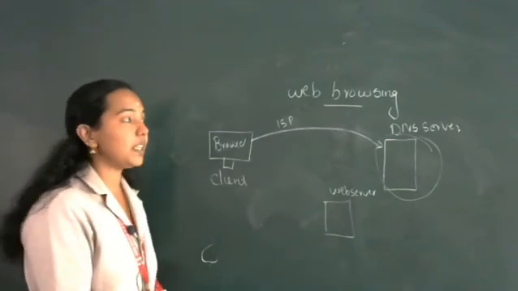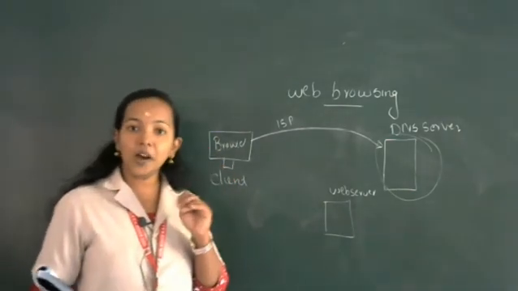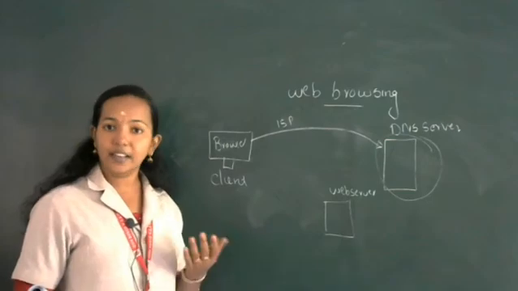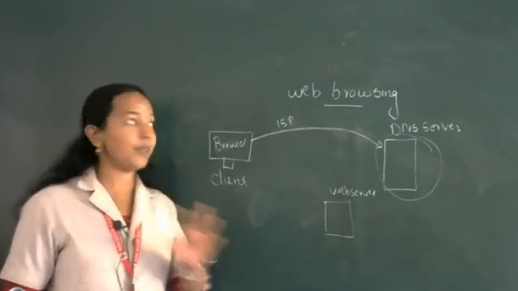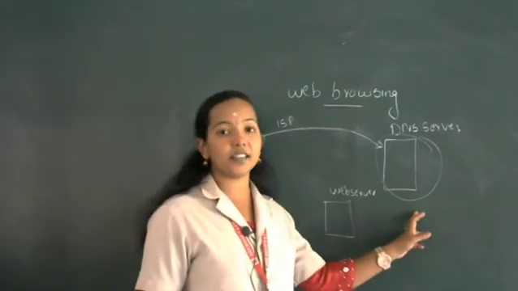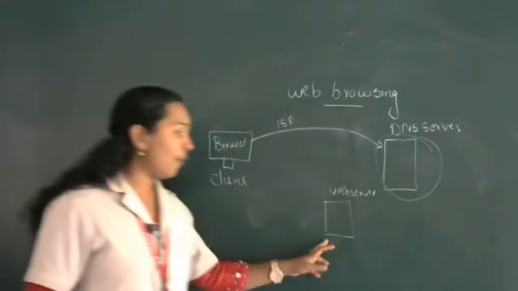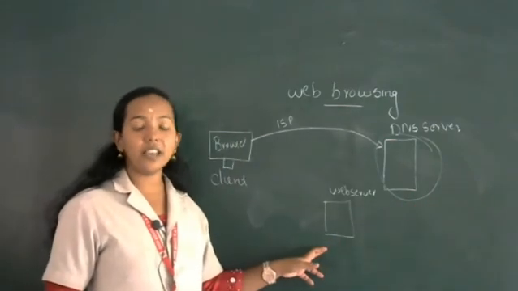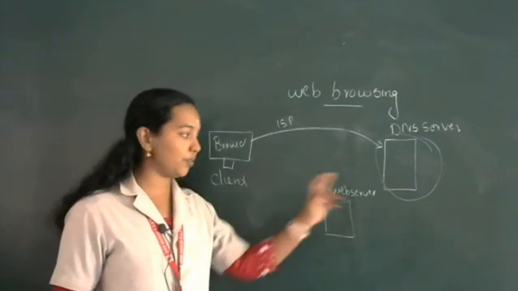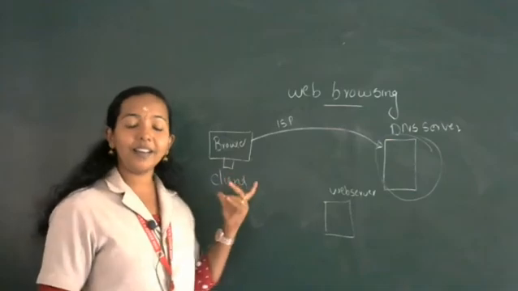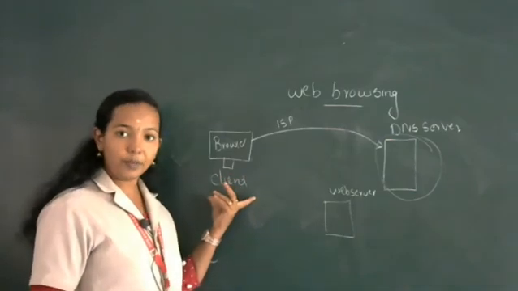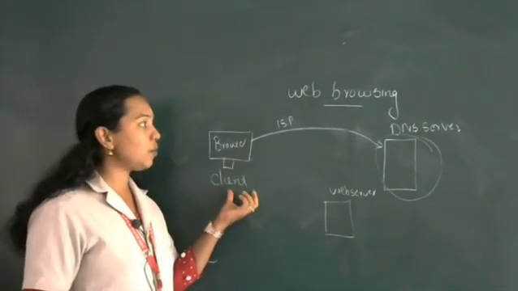As I already mentioned, in the URL, .gov.in will be present, and the code along with its information will be available in this DNS server. Then the web server, from which we are accessing information from internet, is the main web server. First you type the URL in the browser.